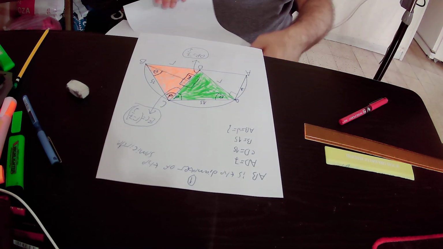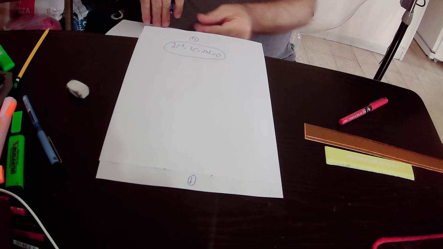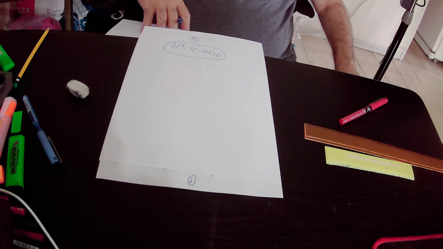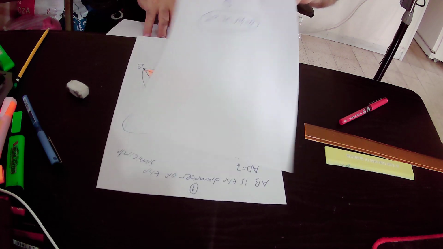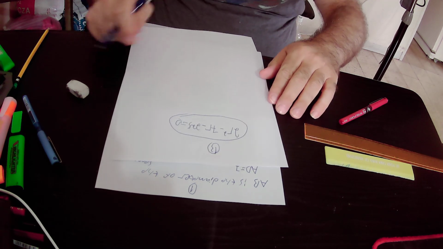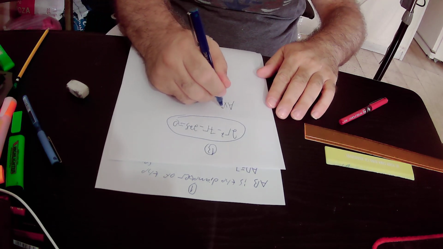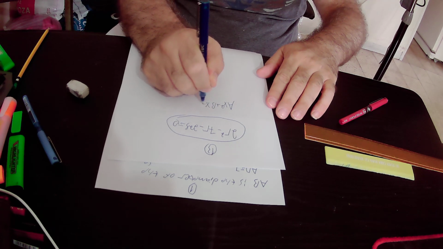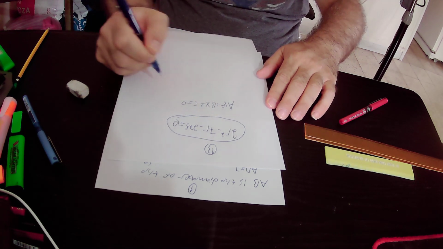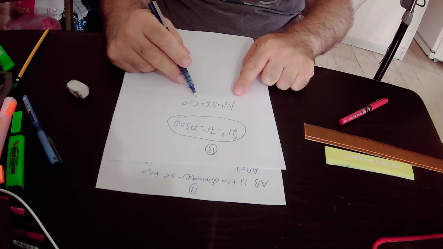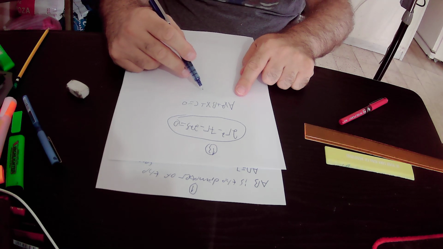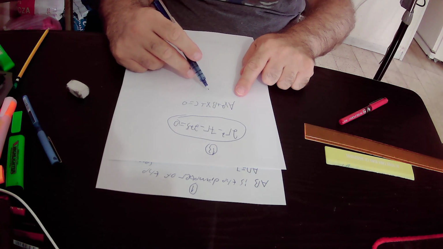So we actually arrived at this quadratic equation, and the general form of a quadratic equation is ax squared plus bx plus c equals 0, where a, b, and c are the coefficients of this quadratic equation, and x is the variable that we want to find out.